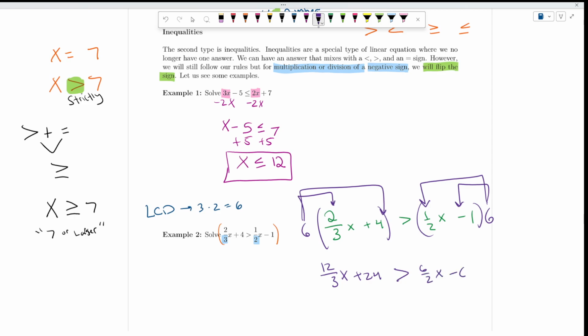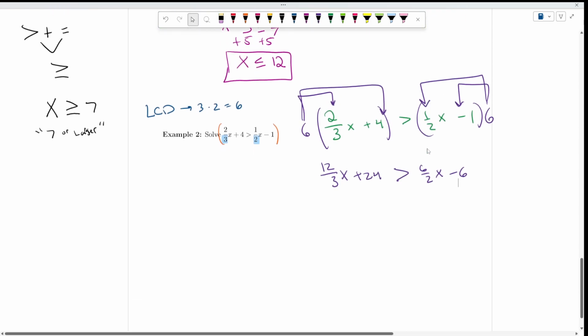Negative 1 times 6 makes minus 6. If I then simplify this, 12 divided by 3 is 4x, and I'm going to get plus 24 still, greater than 6 and 2 make 3x minus 6.